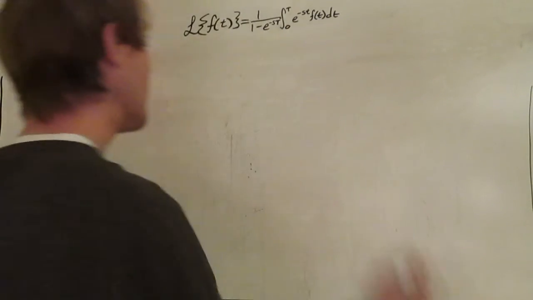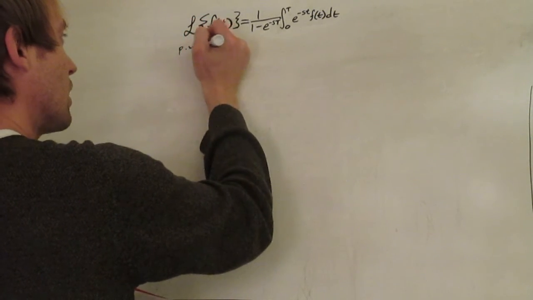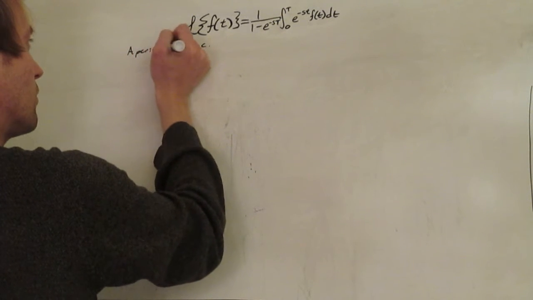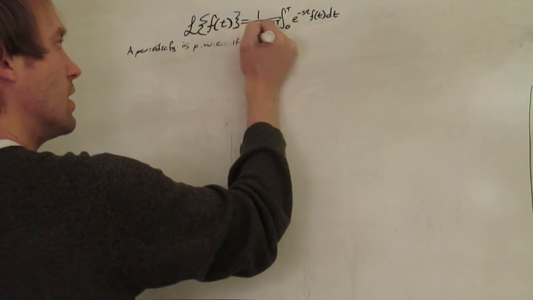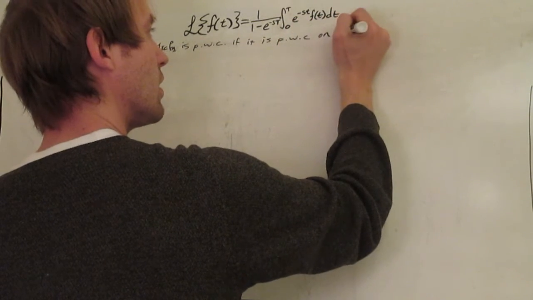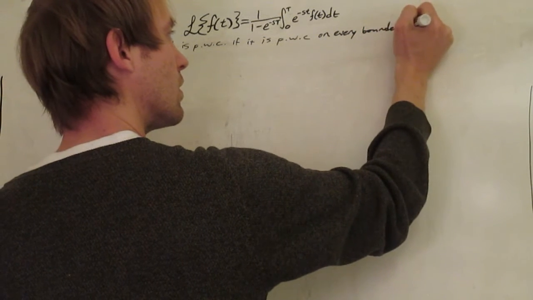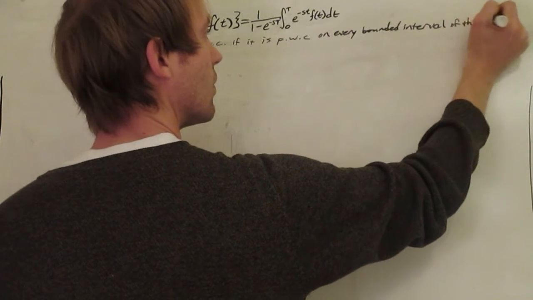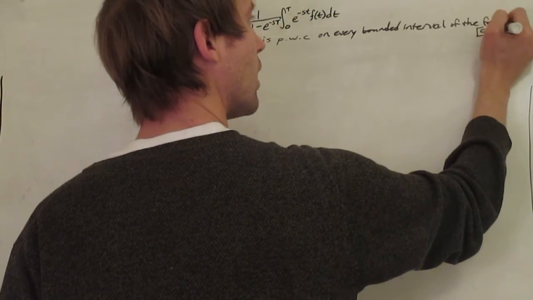That's one condition. The other condition is that it's piecewise continuous, which I'll abbreviate PWC. We say a periodic function is piecewise continuous if it is piecewise continuous on every bounded interval of the form a, b.